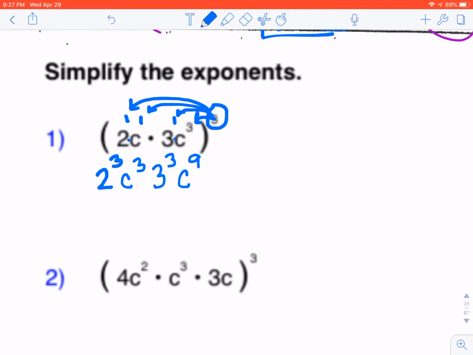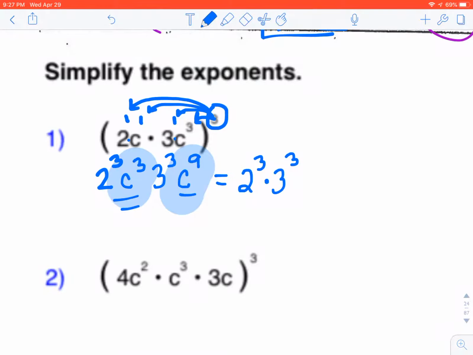Now, once your parentheses are gone, like we did in the last few lessons, you want to make sure that your bases are different. In this case, you do have a c that's repeating. So the coefficients of 2 to the third and 3 to the third are okay because those bases are different. So I'm just going to rewrite those.